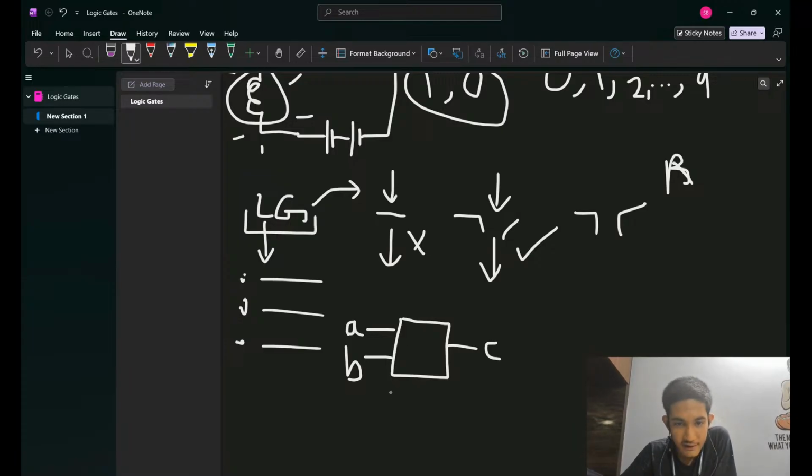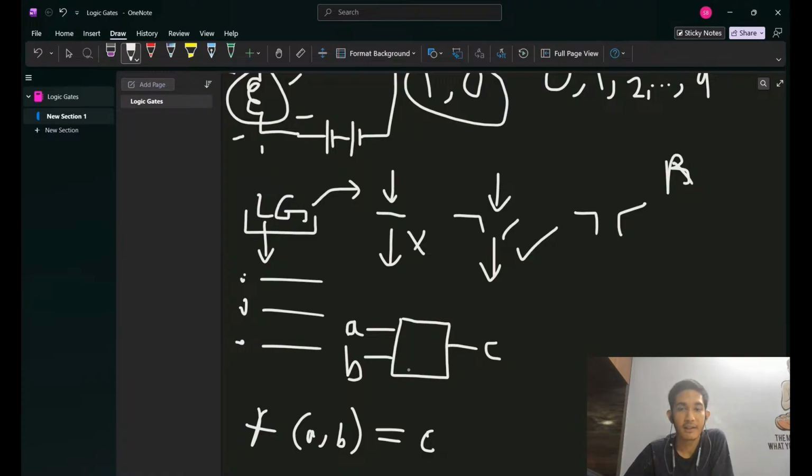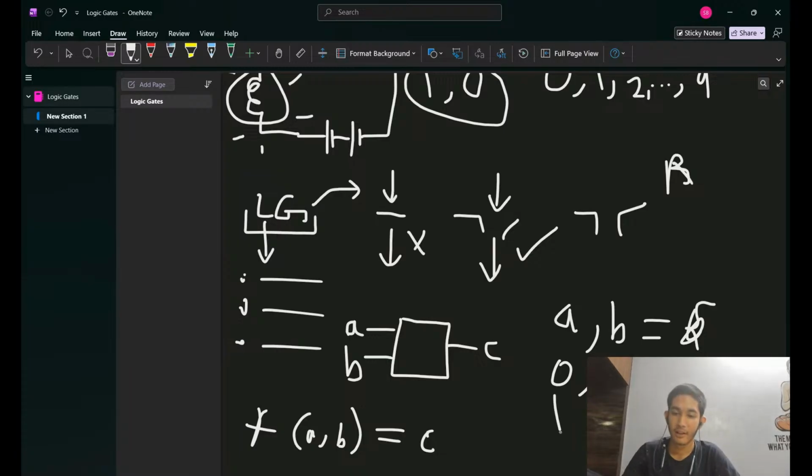In maths, this is kind of like a function: f of A and B gives you C. Logic gates are somewhat similar, except that in math, A and B can be quite literally any value, while in normal computers, A and B have to be either 0 or 1.